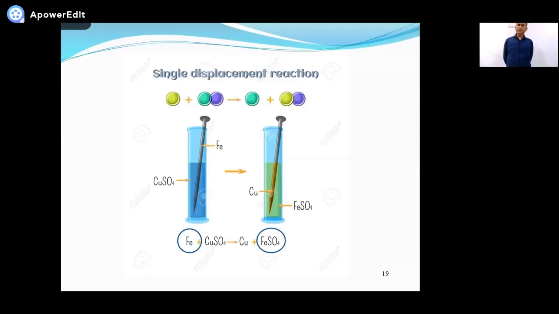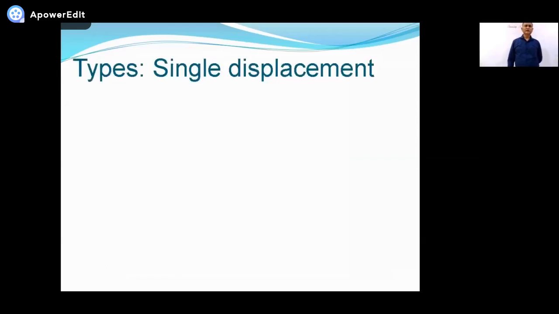Iron will displace copper and forms iron sulfate or ferrous sulfate. That's why the color changes from blue to green. So the same concept, displacement, displacement, displacement. Now I hope that you have understood.